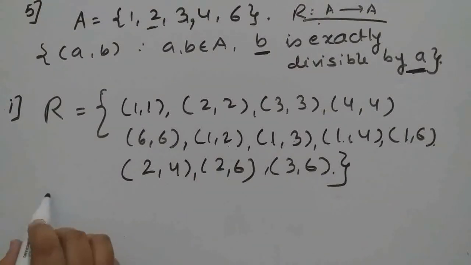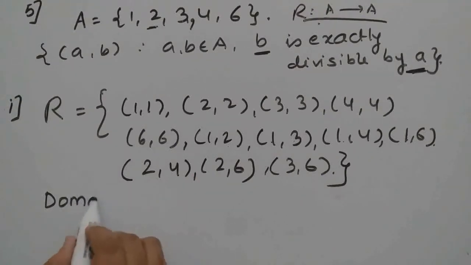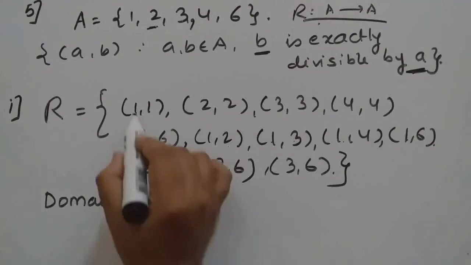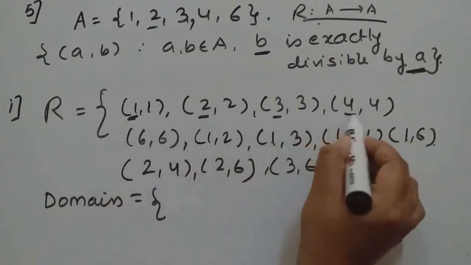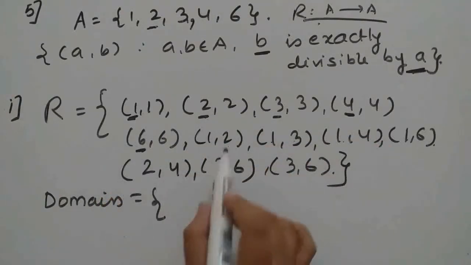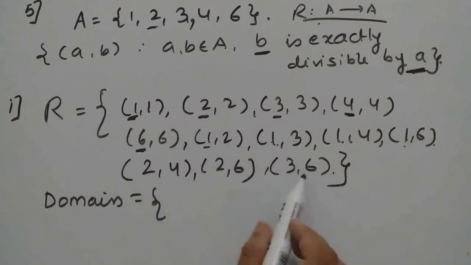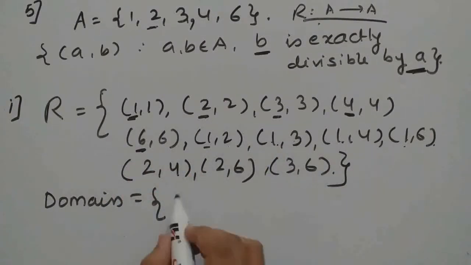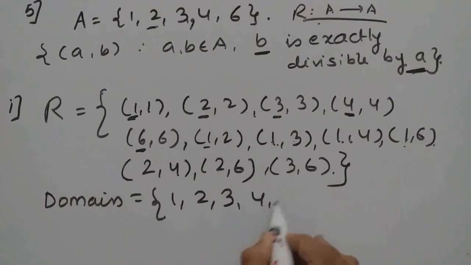Now what will be the domain of this relation? All the first elements. So 1, 2, 3, 4, 6. Repeating elements we won't write. So 1, 2, 3, 4 and 6.